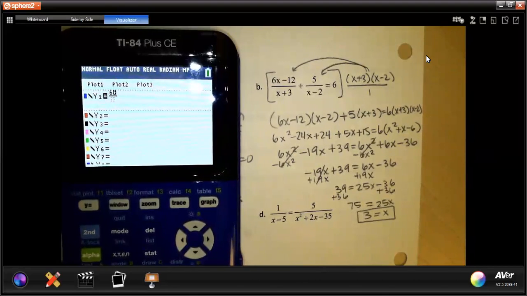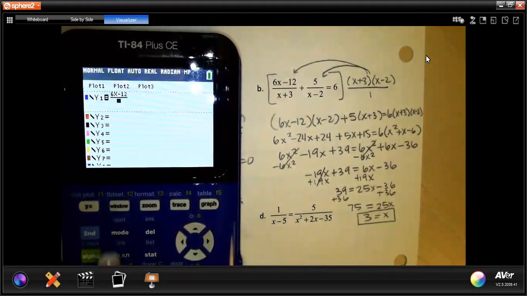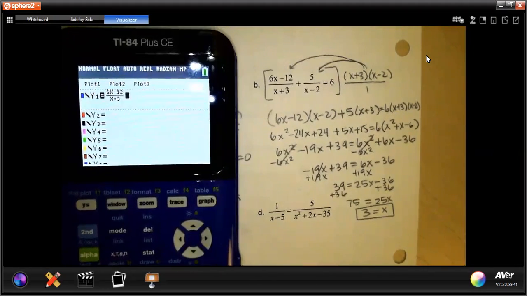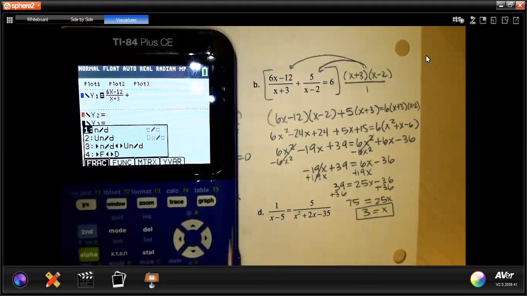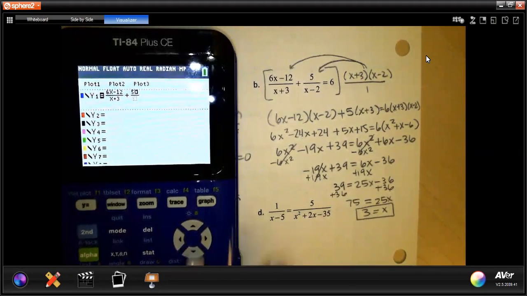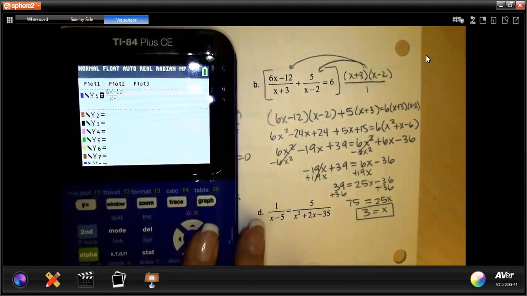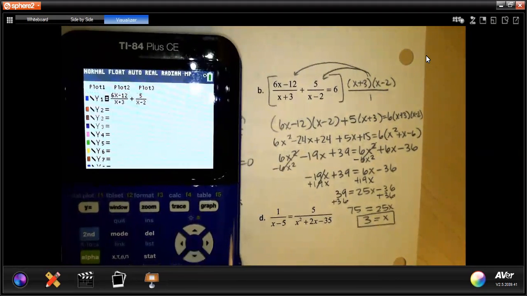And then we can put in exactly what we see here on the left-hand side. So I put the left-hand side of my equation into y1, and in y2, I'm going to put the right-hand side of my equation, which is 6. And either side could go into just one side on y1 and the other one into y2.